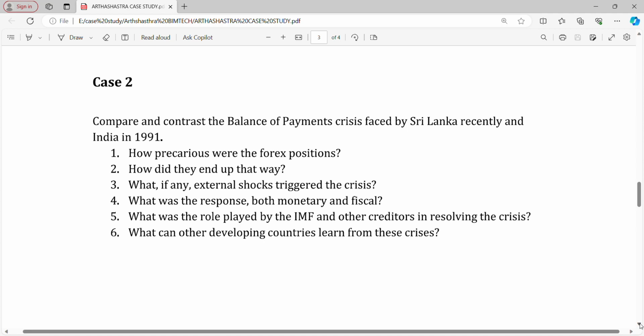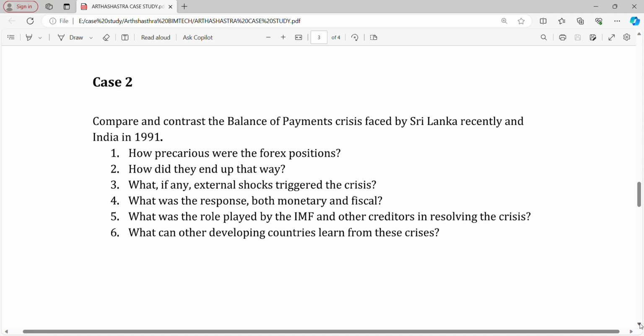Till that time we were a closed economy, and with that we converted ourselves to an open economy. So the majority of you will be familiar with this, and the questions are also very, very basic and simple.